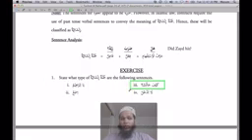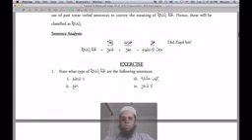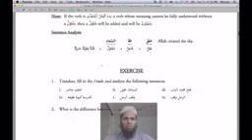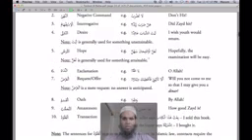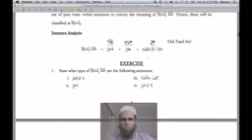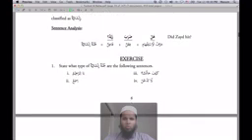Kayfa haluka, it is questioning. Whenever it's questioning, it is harf istifham, so it is istifham, interrogative. La tadkhul, it is an-nahyu, negative command. La tadkhul comes from ad-dukhulu, to enter. So la tadkhul, do not enter.